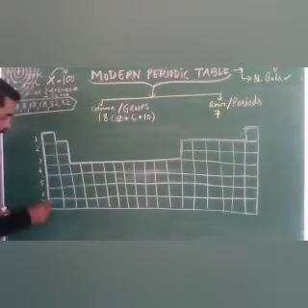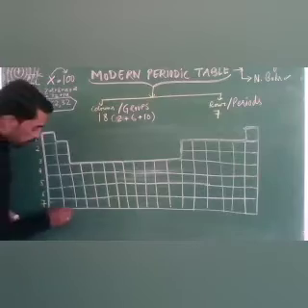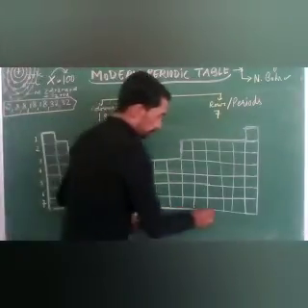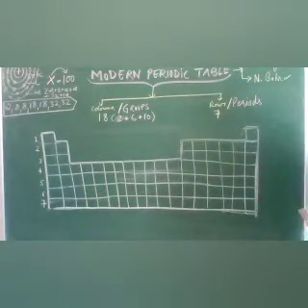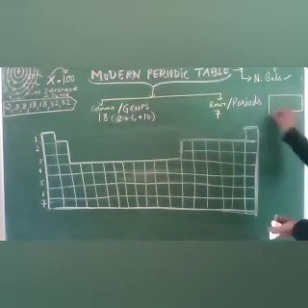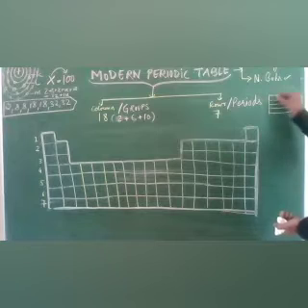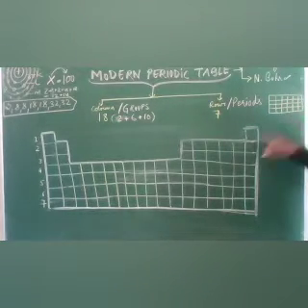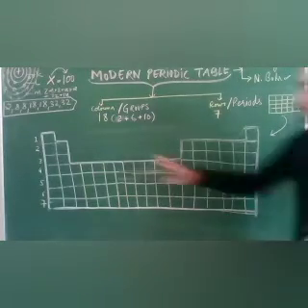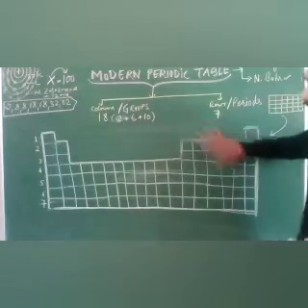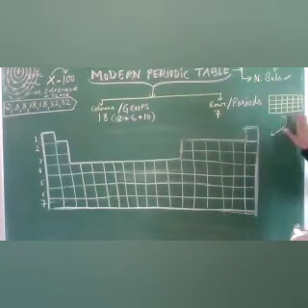Now you can see, is the shape of a table coming or not? It is different from a normal table. Here there is no line, so this is the difference from a normal table.